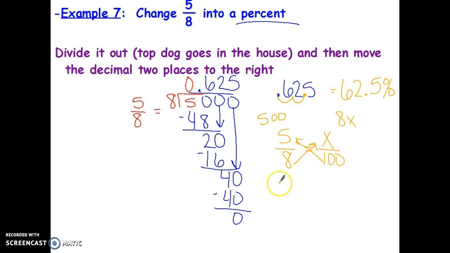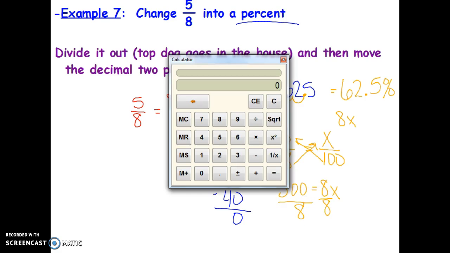So we set our cross products equal to each other, and we divide. When we divide 500 divided by 8, we get 62.5%.